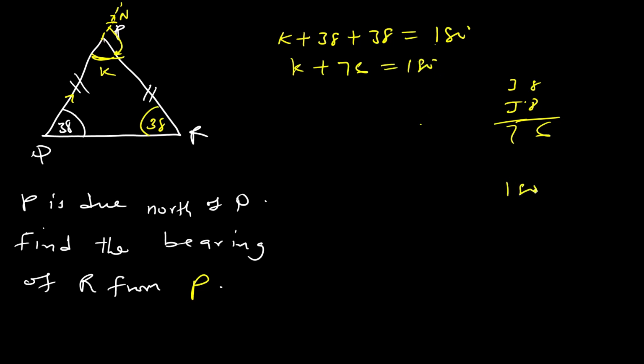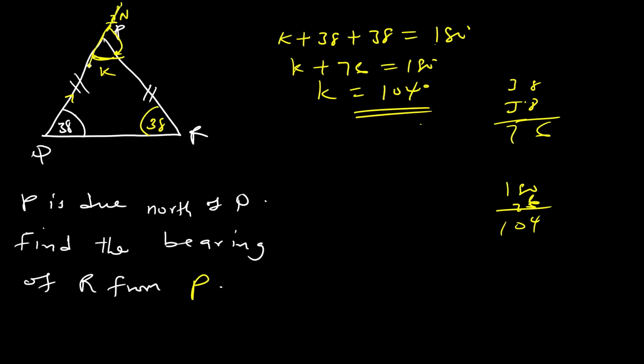So 180 minus 76, we have K as 104 degrees. So with this, we can find this side.